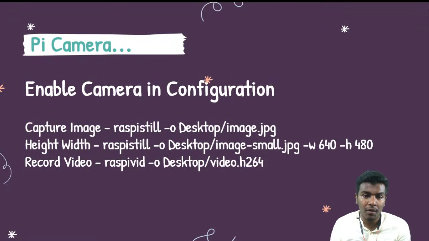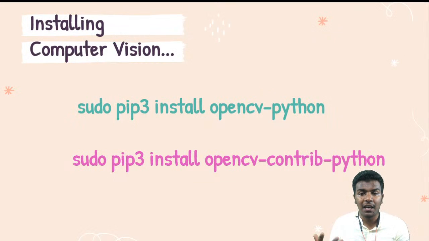Similarly for the Pi camera, we need to do some camera configuration: in Raspberry Pi config, we need to enable the camera and those things. Those configurations and other additional source code will be given to internship participants, along with installing computer vision and the basics of OpenCV. Those things, which I've already covered for the artificial intelligence masterclass, are the same as for the Raspberry Pi masterclass participants.